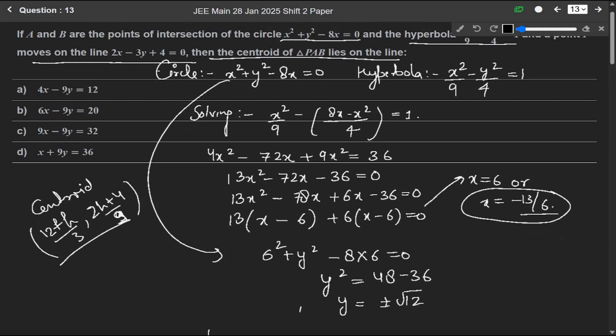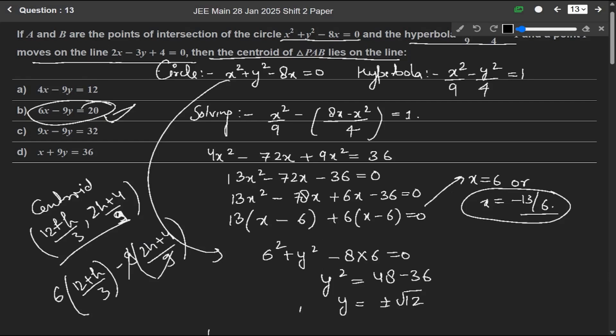Let us check option B: 6 times (12 plus h) over 3 minus 9 times (2h plus 4) over 9.